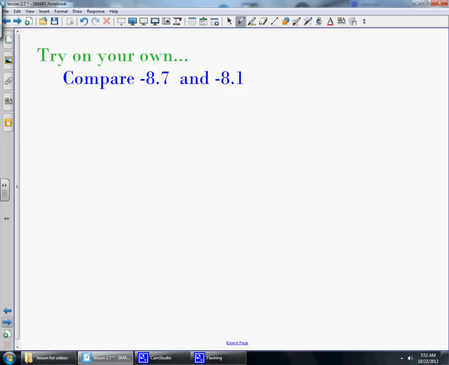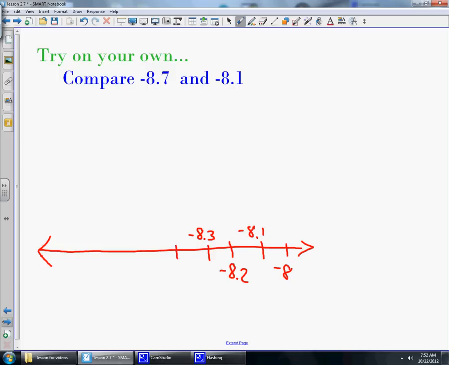Why don't you pause the video again and try this problem on your own. Okay, let's see how you did. If we draw the number line again, we start here at negative 8, and then we have negative 8.1, negative 8.2, negative 8.3, negative 8.4, negative 8.5, negative 8.6, and negative 8.7.